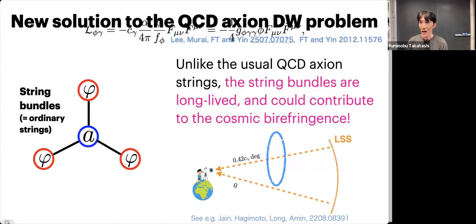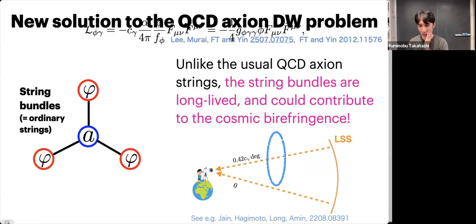This is the phenomenon in which the polarization plane of a CMB photon gets rotated when the CMB photon travels from the last scattering surface to the observer. For instance, if it passes through a string loop, the polarization plane gets rotated by some degree. And this cosmic birefringence can be searched for using CMB polarization data.